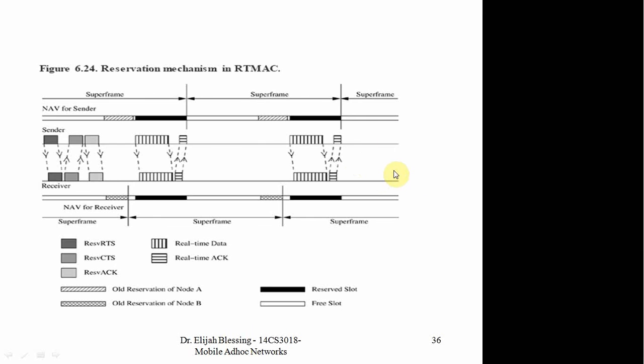Has this been already blocked, or is it recently blocking? Already blocked, because you don't have any sender's RTS and CTS. So this is a reserved slot and this is a reserved slot at different super frames, and then you try to handle it.